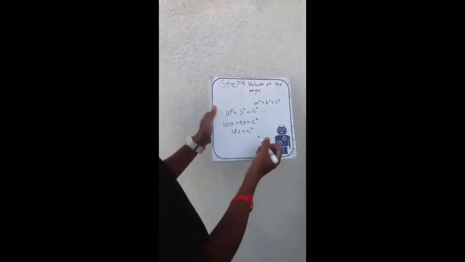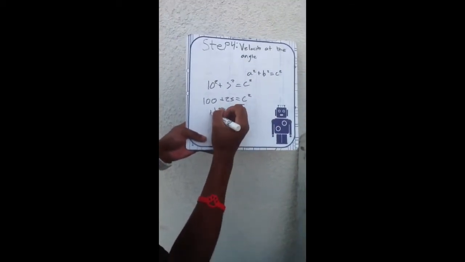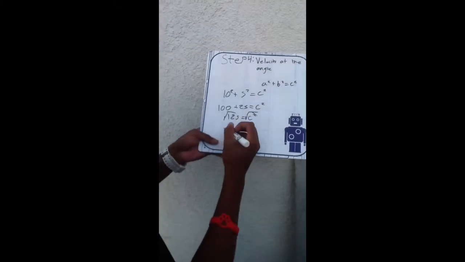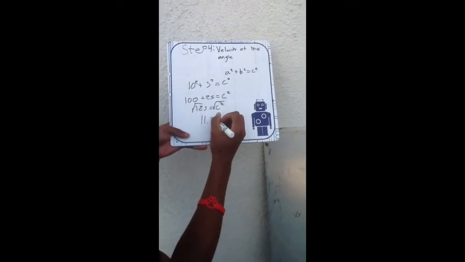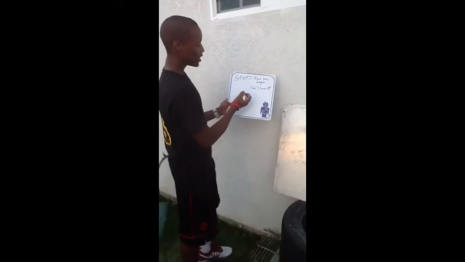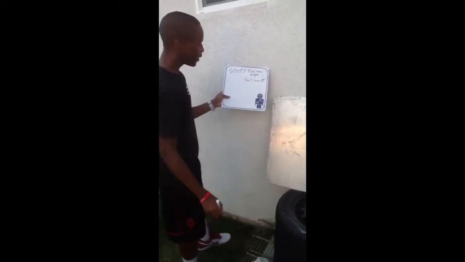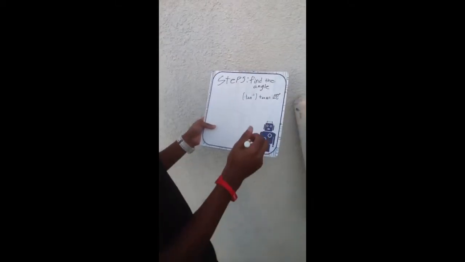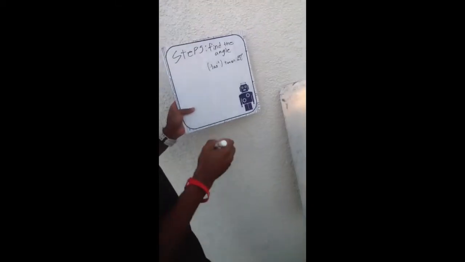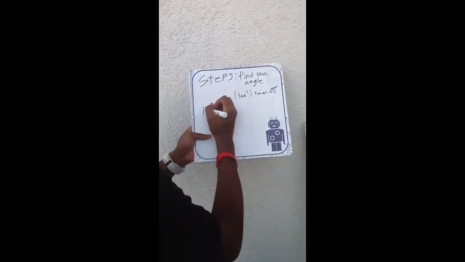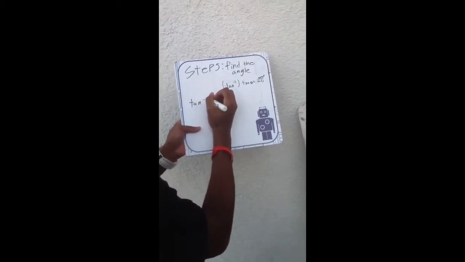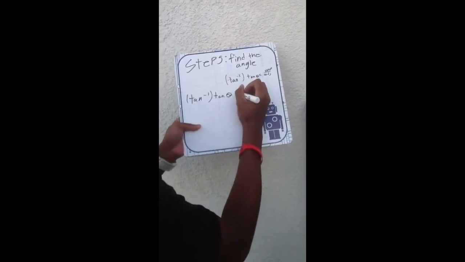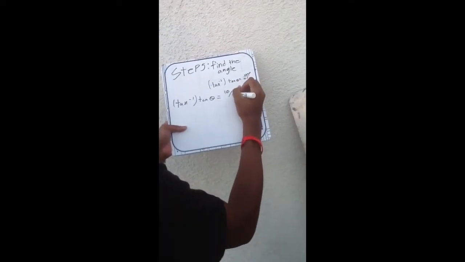To get rid of the square, take the square root of both sides of our equation. The square root of 125 gets you 11.2 meters per second. Step 5 of projectile motion is finding the angle. To find the angle, use the equation tangent of the angle equals opposite over adjacent. The tangent of the angle is equal to 10 over 5.